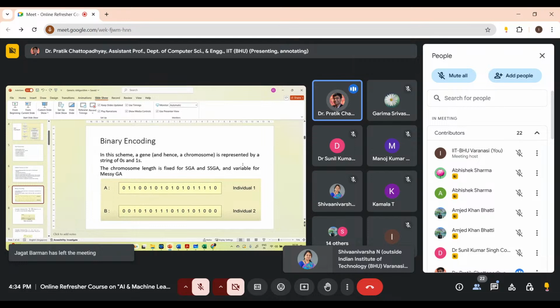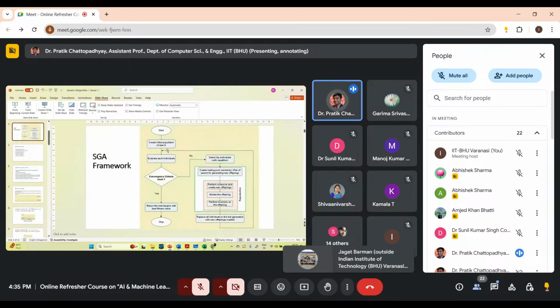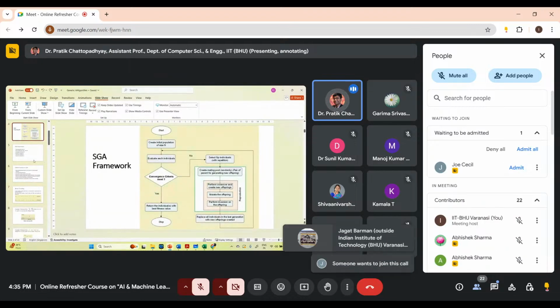We decide the length of the string, say 10 or 20. We fill those 20 bits with 0 or 1 randomly. One set of 20 bits represents one solution, another set represents another solution. Likewise we generate n different solutions, creating a population of size n.